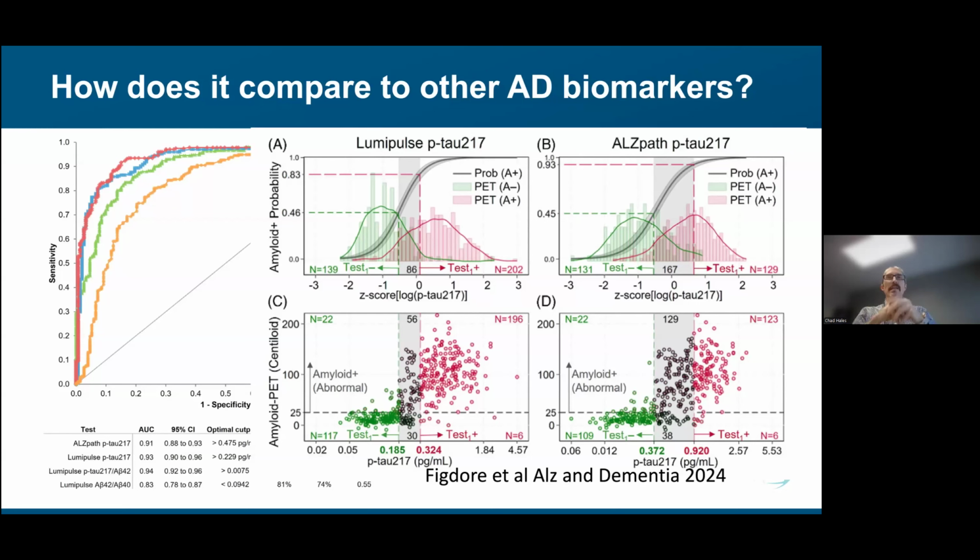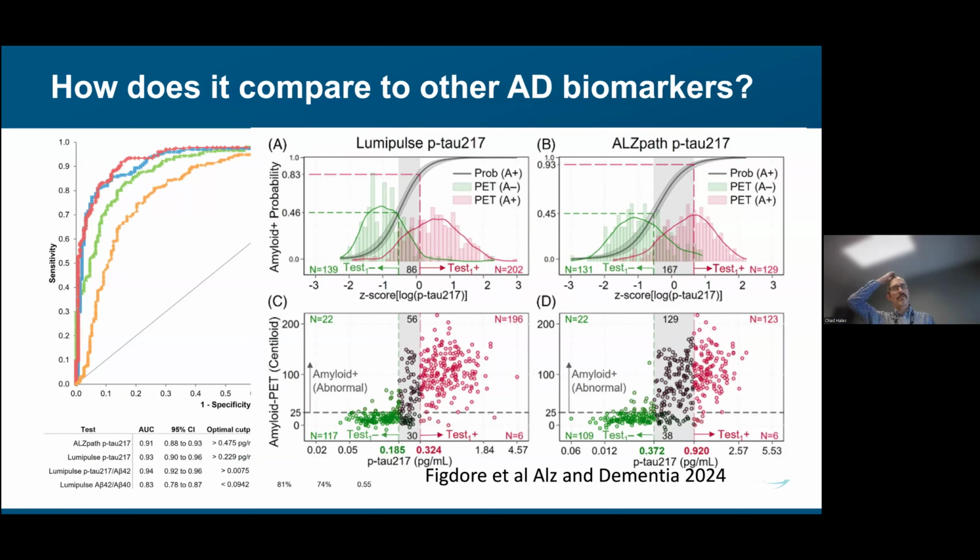So if you fall in that indeterminate range, you may be positive or you may be negative, but we're not sure. And the only way you can really figure that out is confirmatory study on the other side, right? Doing the amyloid PET or doing the spinal fluid testing. But what this gives you is these 2 cut points really help bump up that sensitivity and that specificity. And that gets you up into the 90s, right?